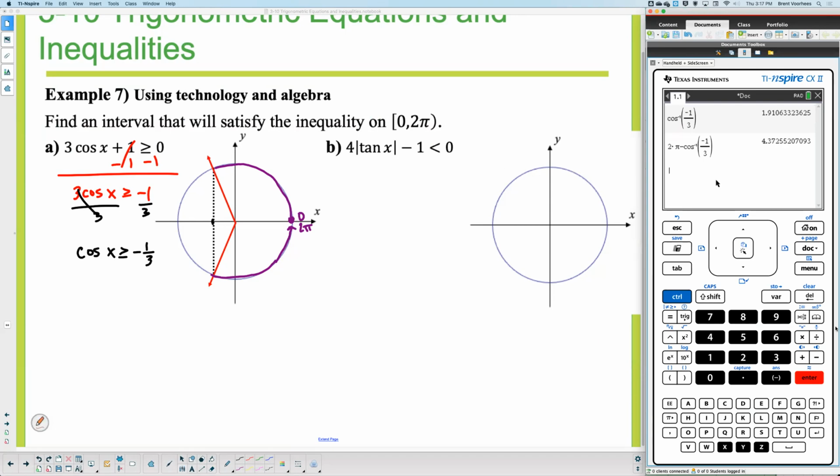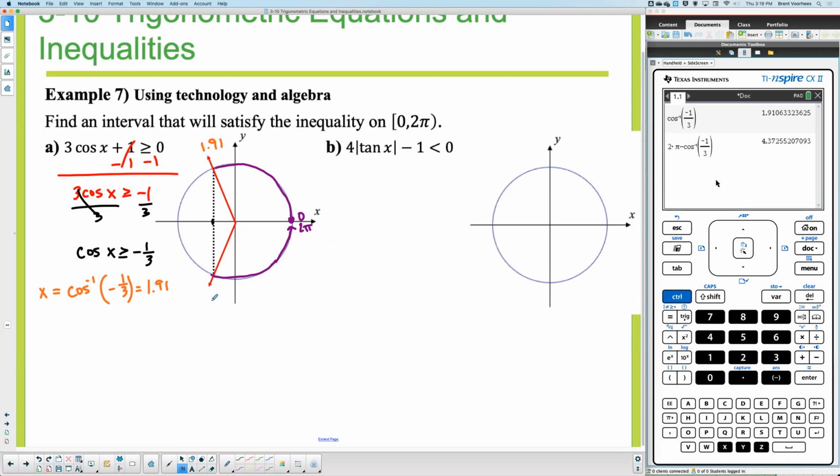To get my math right here, I need to write out what I typed in the calculator. I typed in cosine inverse of -1/3, which was equal to 1.91. This value here was 4.37, and we got that by saying 2 pi minus the 1.91.